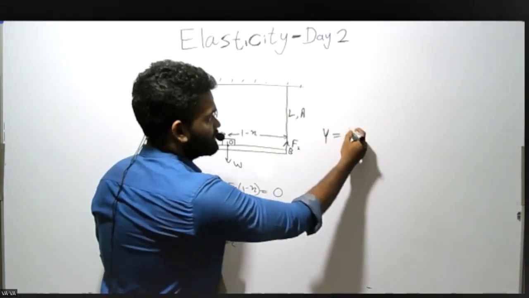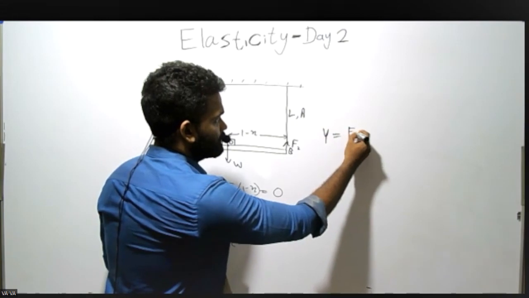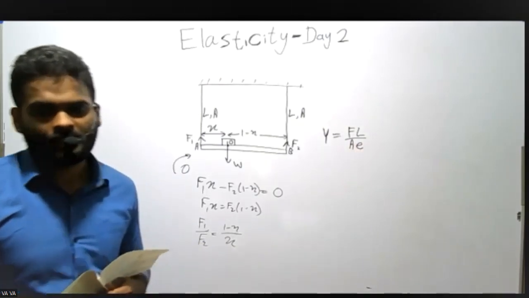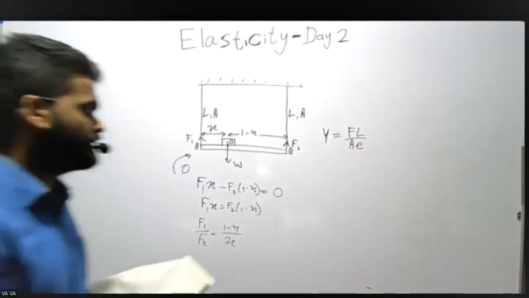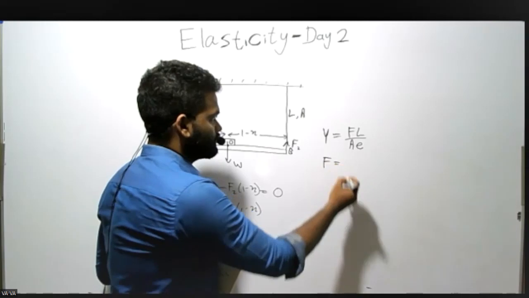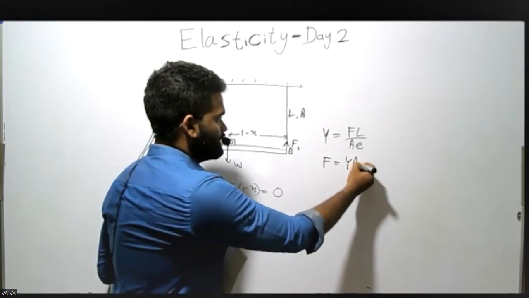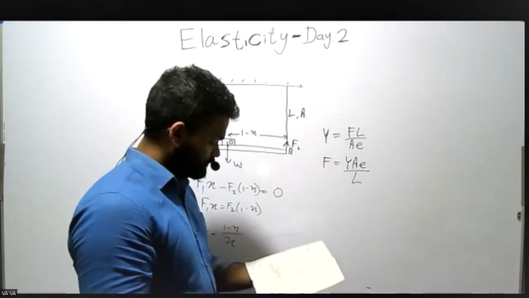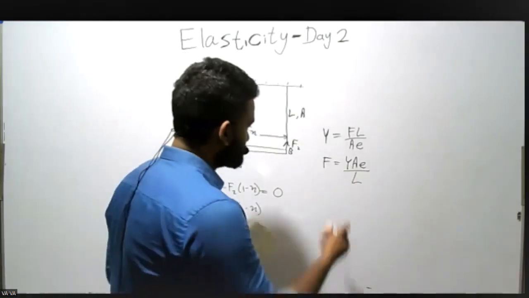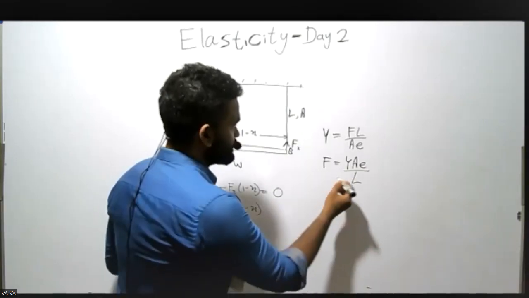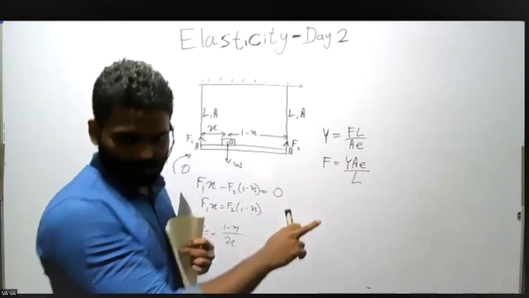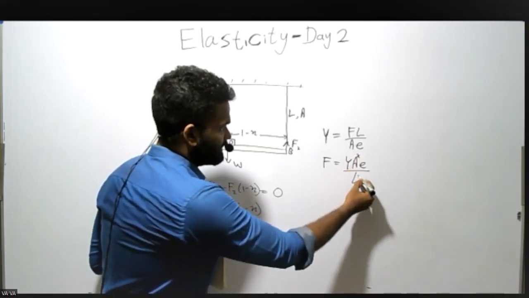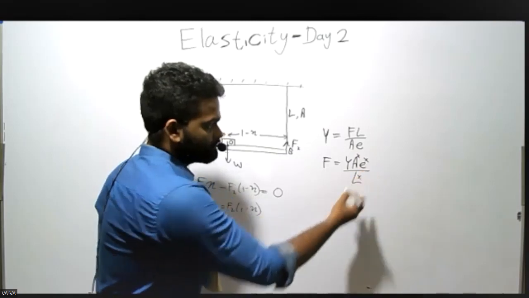At the last class we discussed this one, right? F L over A E, that is Y equals F L over A E, so F equals Y A E divided by L. We know both wires have the same cross section and length, and the extension is also the same.